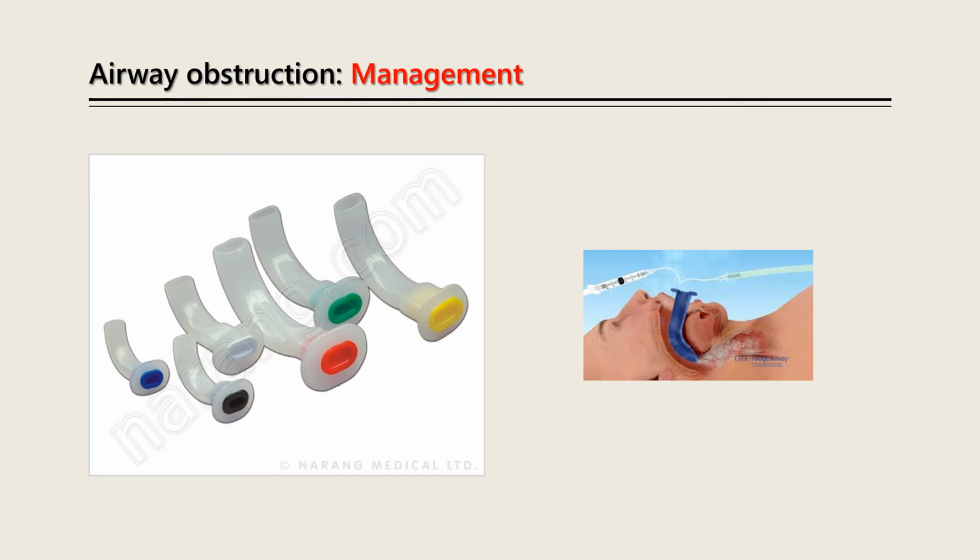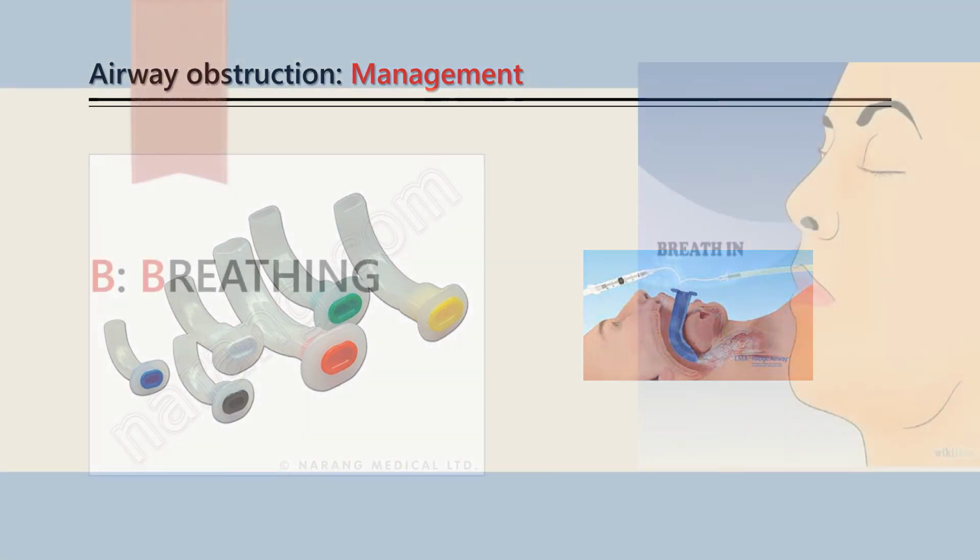Okay, these are the adjuncts of the airway. And lastly, the gift of the patient in the airway is the oxygen mask. Put an oxygen mask, whether the airway is patent or obstructed, to make the patient relax and make less effort with respiration.